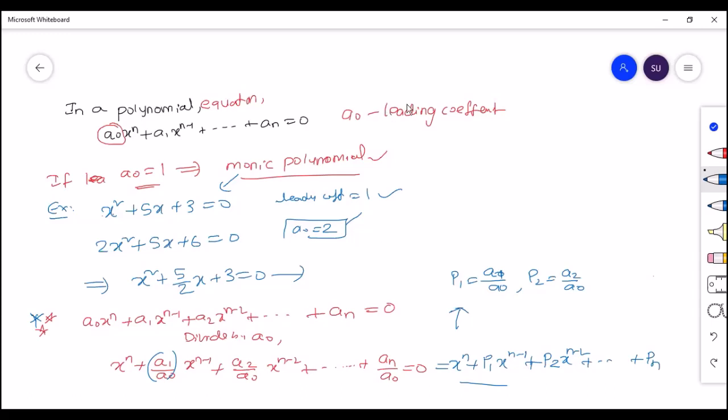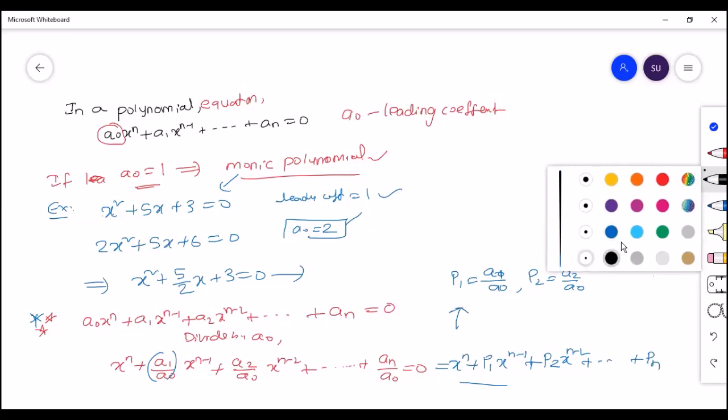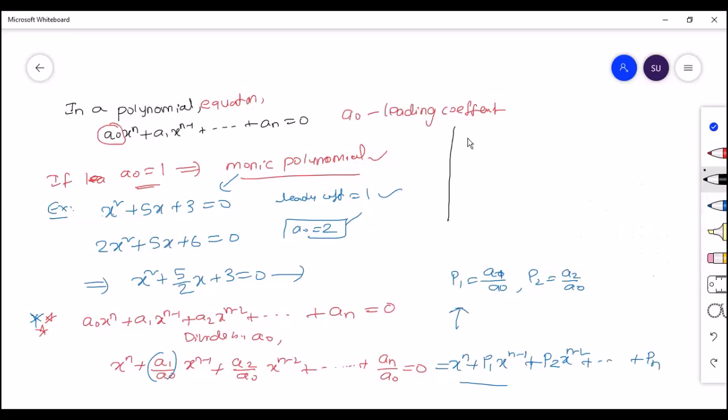Then how to convert? I will write one more example here. Suppose I have given 2x cube plus 3x square plus 5x plus 6 is equal to 0. It is in the general form of a0 x power n. What is the leading coefficient here? 2. Now divide by 2, and you will get x cube plus 3 by 2 x square plus 5 by 2 x plus 3 is equal to 0.